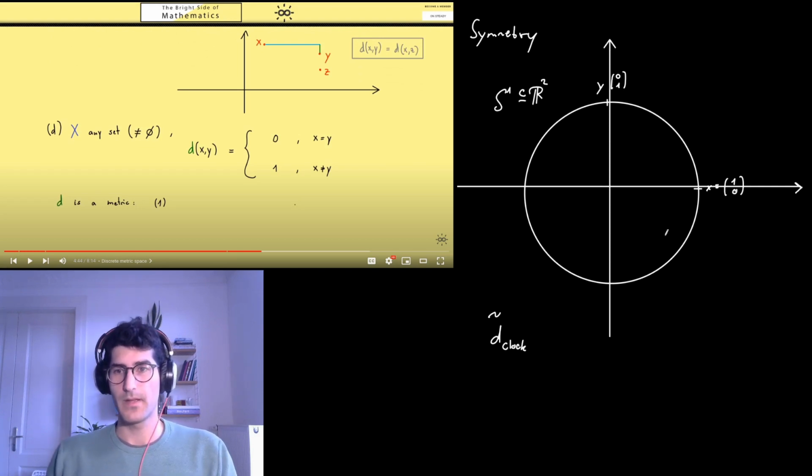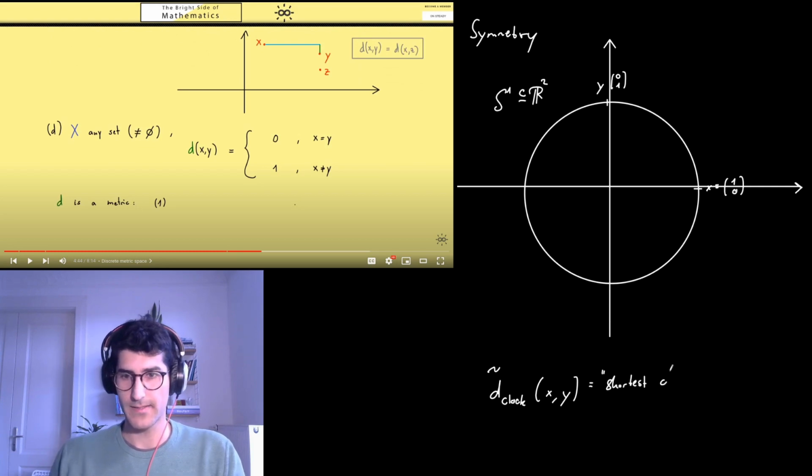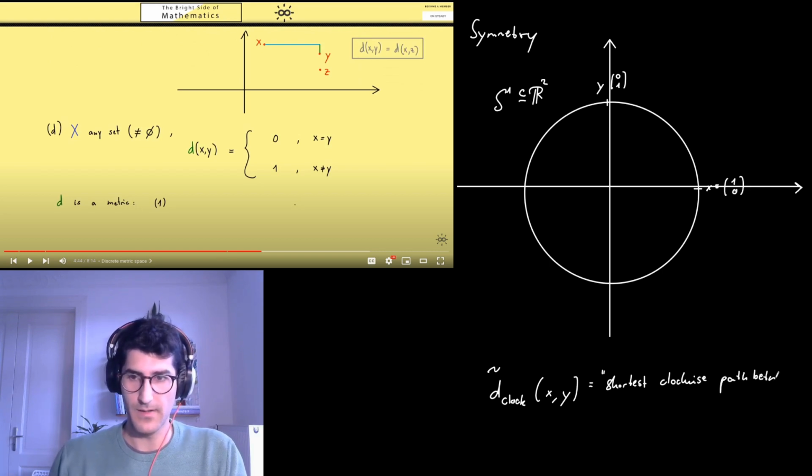Our new mapping should give us the distance between two elements on the unit circle by taking the shortest clockwise path between x and y.